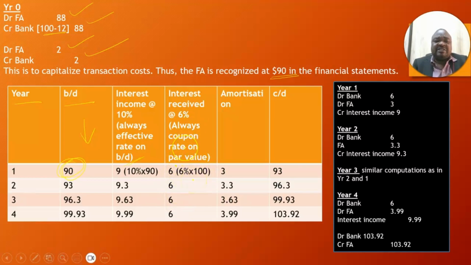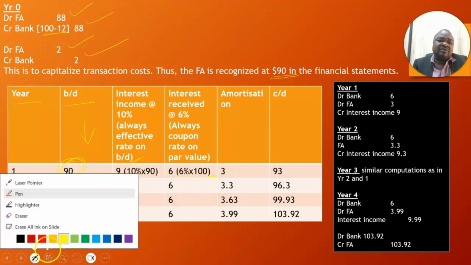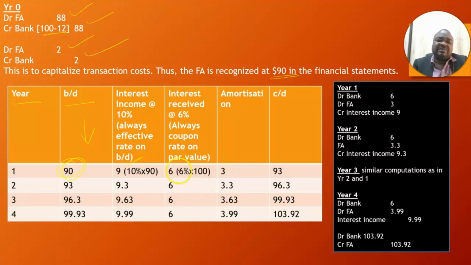The interest, remember, this one is a financial asset, so we expect an interest receivable, right? And the amortization becomes the effective interest minus the interest receivable. The interest income is going to be reduced or amortized by the income receivable, which is the 6 million, and we come to 3, right?